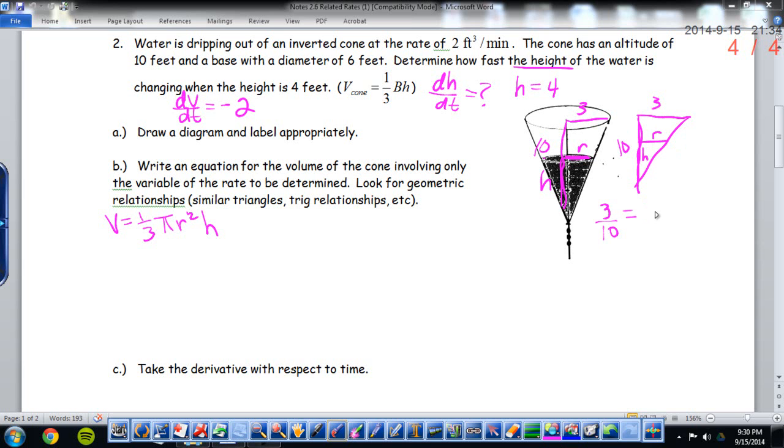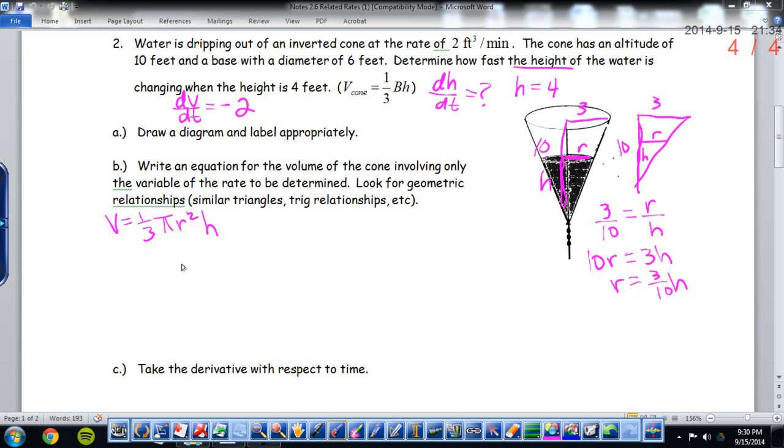You could do 3/10 equals r over h. So if I want to get rid of the r over here, then I need to solve this proportional relationship for r. So if I cross multiply, I get 10r equals 3h. So therefore r equals 3/10 h.